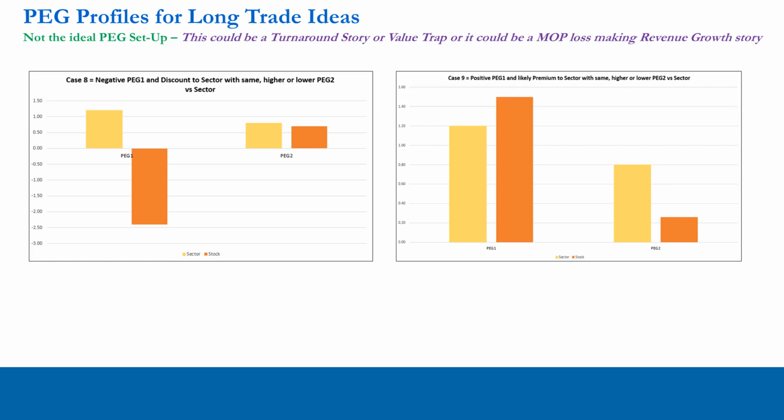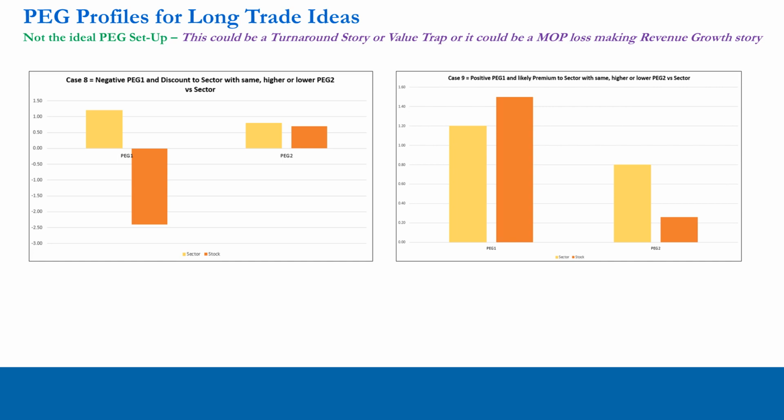The PEG ratio numbers can just be a little bit all over the place for case number 8 and case number 9. So we simply take note of it, we acknowledge it, and we look to see if there's an actual normalization in the PEG ratio for period 2 versus period 1. And we just understand that the PEG overall, when we just divide the numbers by one another, the numbers can just be misleading as to what is actually going on.